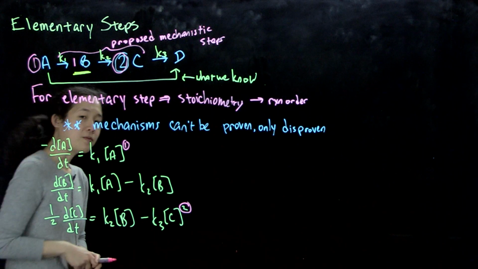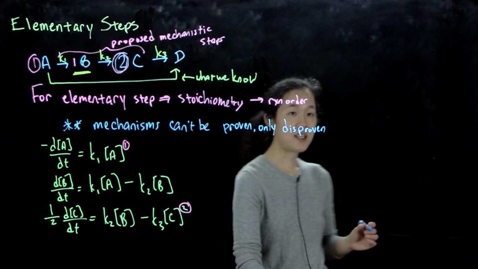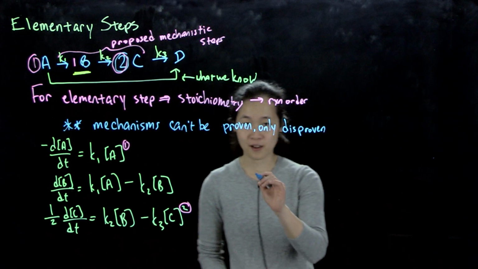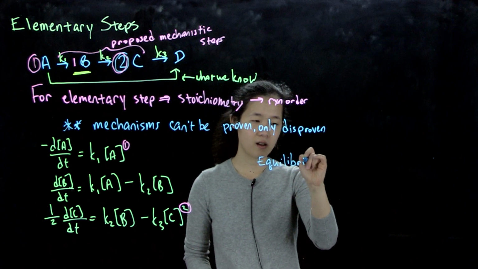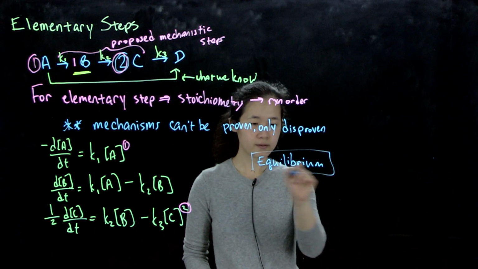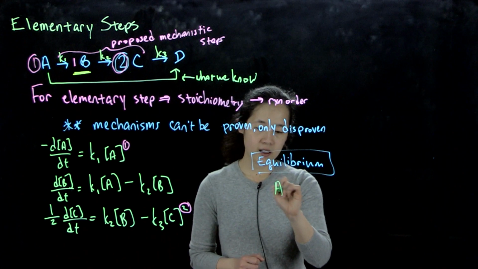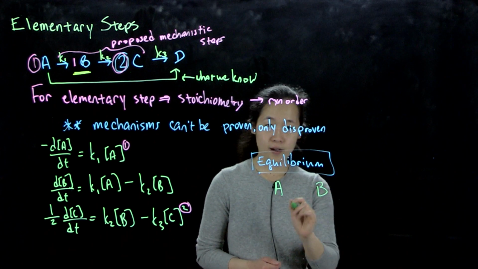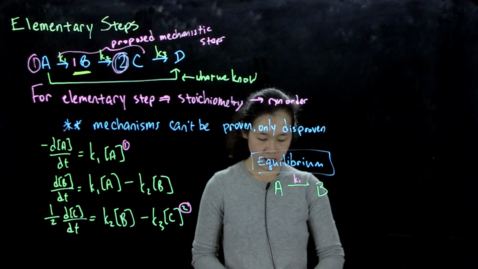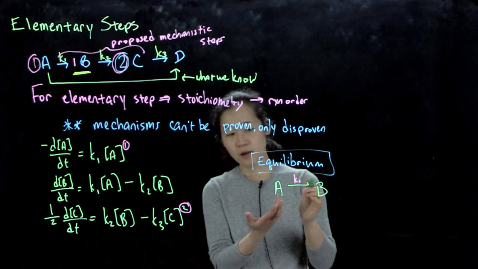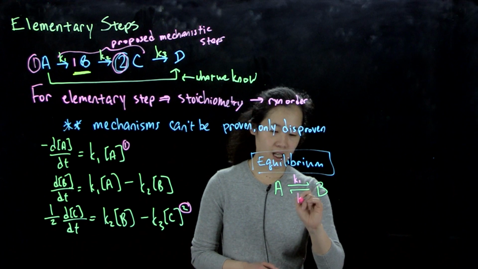Okay, let's do one cool example. Suppose we have some sort of equilibrium reaction. If A is in equilibrium with B, there's a forward reaction with some rate constant K1, and B converts back to A with a reverse rate constant K minus 1.